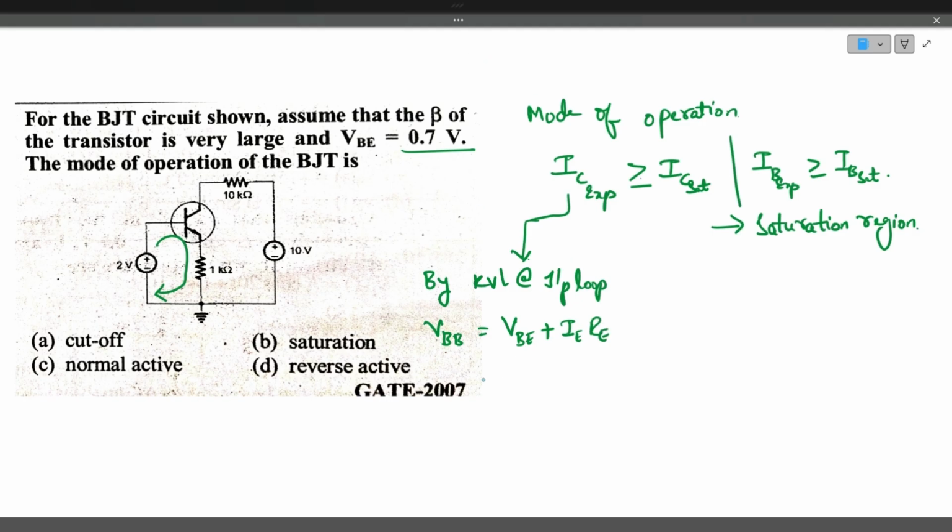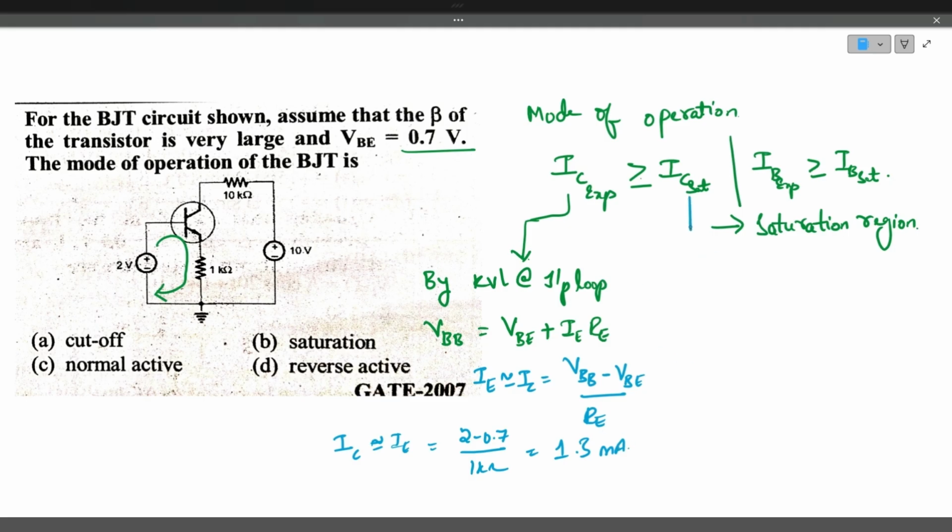So substitute the values, you will get the emitter current, which is also equal to the collector current, is nothing but VBB minus VBE divided by RE. That will be equal to 2 minus 0.7 divided by 1 kilo ohm, which is equal to 1.3 milliamps. This is the IC expected value we got.